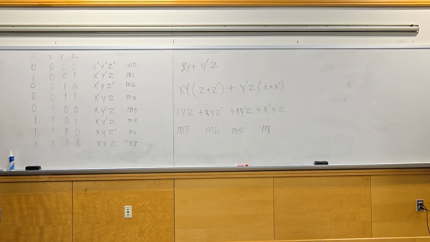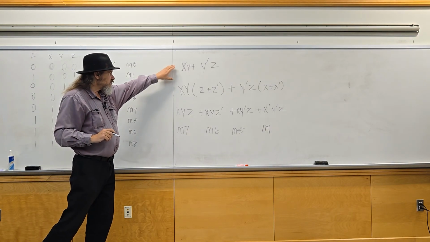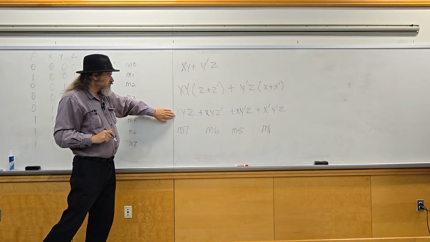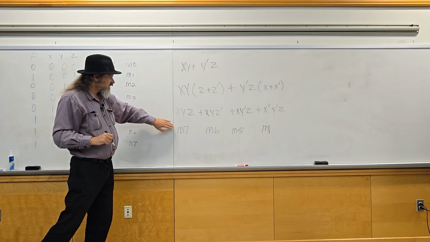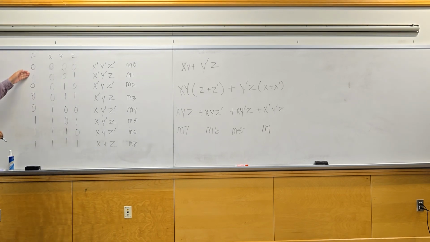Just a matter of algebraically manipulating it into the sum of minterms form, getting those numbers, and matching them up on the state table.